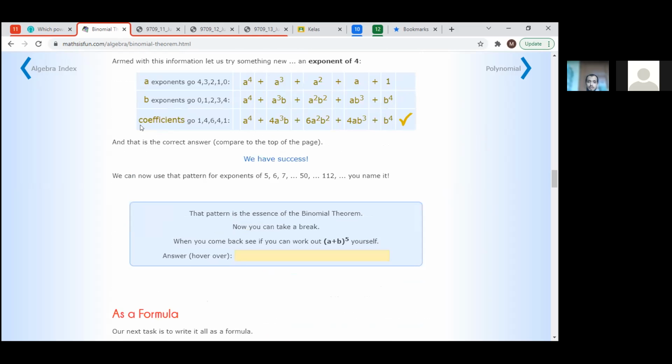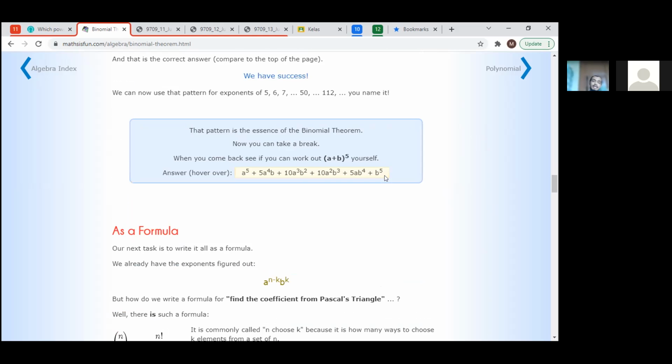Yeah, so let's look again at this. We discussed how the sum of the powers of each term will always be constant.